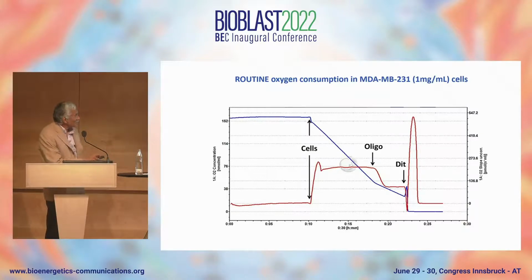After a while, we add this very specific, potent, permeable inhibitor of ATP synthase, oligomycin. That's our simple protocol. This rate, routine respiration, minus this other rate, leak respiration, we also call oligomycin-sensitive respiration. We call it net OXPHOS flux. I agree with Eric. We can call it this way too.